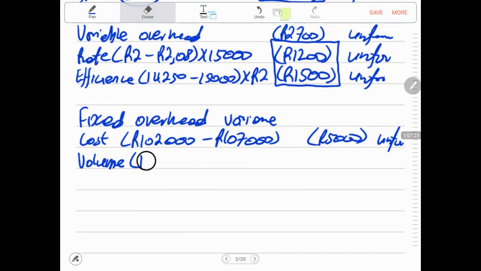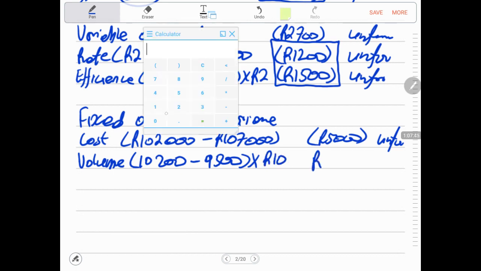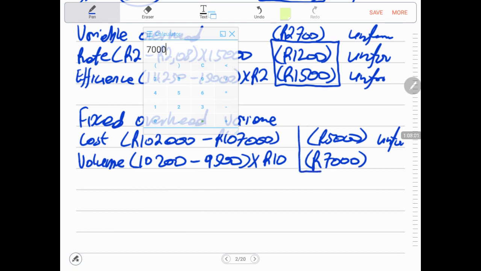So my budgeted units of production is 10,200 minus actual units of 9,500 times this by the rate of 10 rand per unit. This variance will be unfavorable because we produced less than what we anticipated.